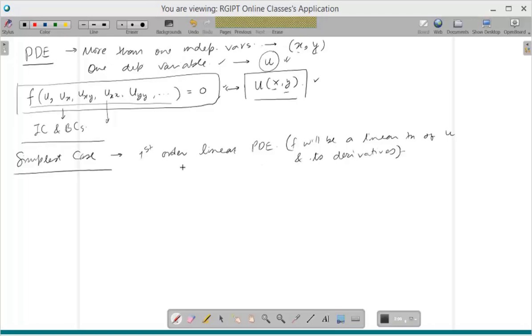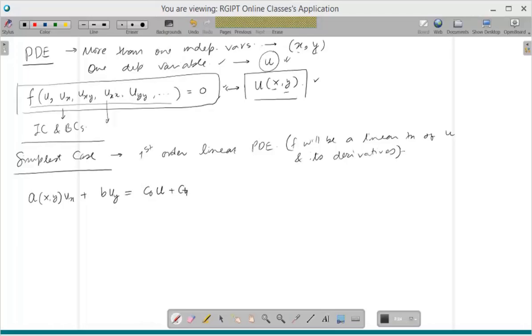The form that I'm going to write down, I already did that in the last class. The form was a, which can be a function of x and y, times ux, plus b times uy, equals c naught u plus c.